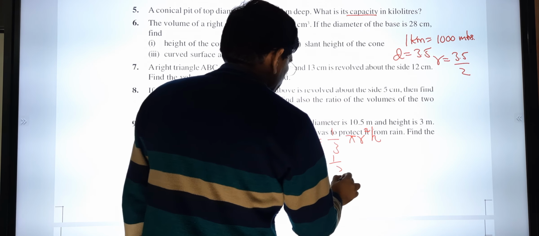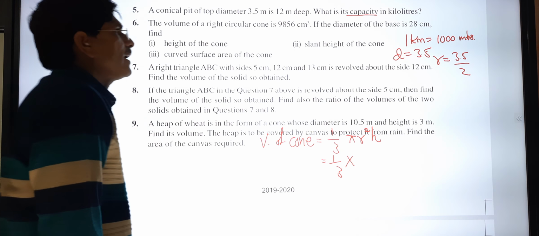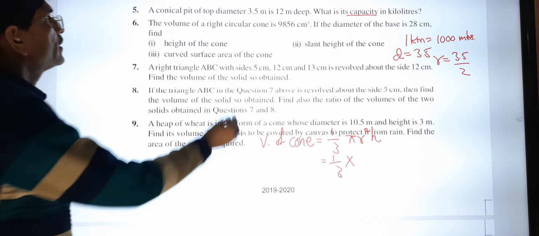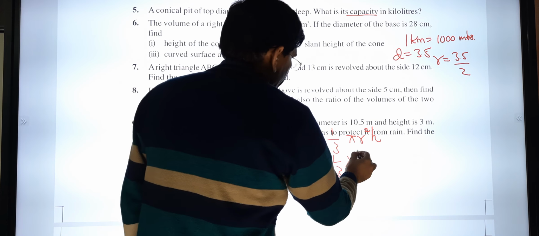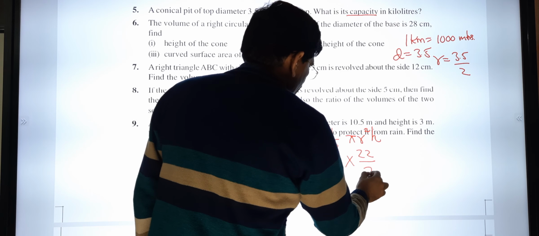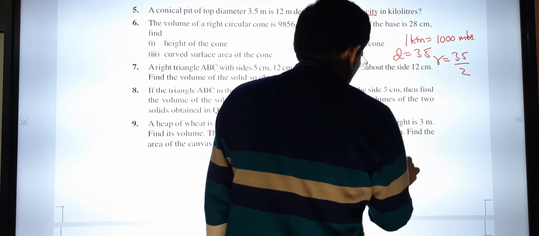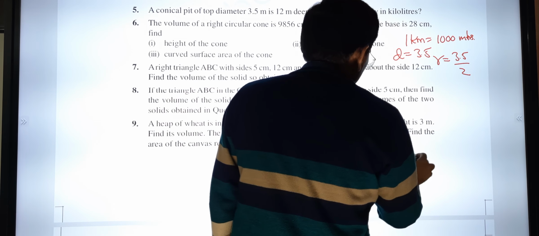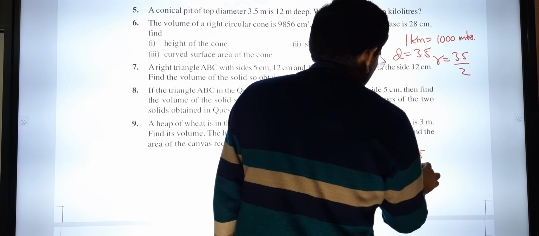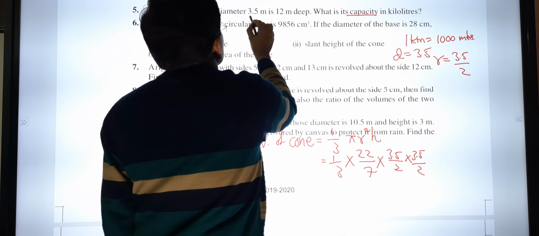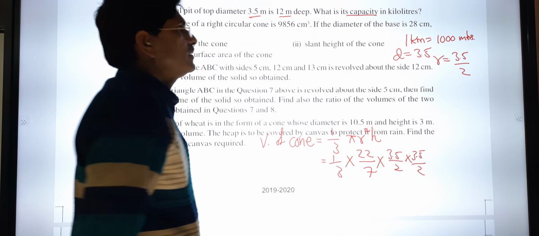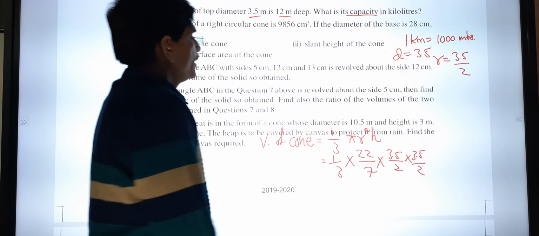Now 1 by 3, and the value of pi is not given here, so we can take 22 by 7. Now r square, so we can write 3.5 by 2, 3.5 by 2. Here it is meter, here it is meter, and into 12.